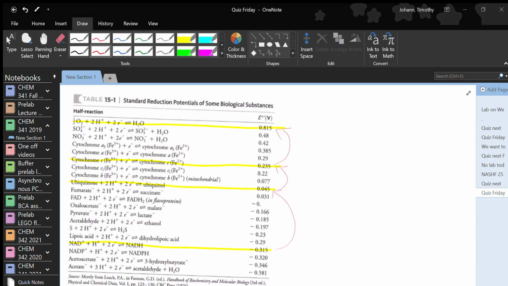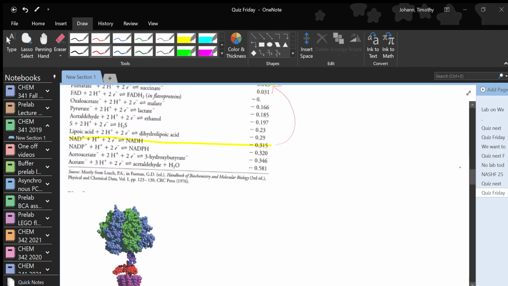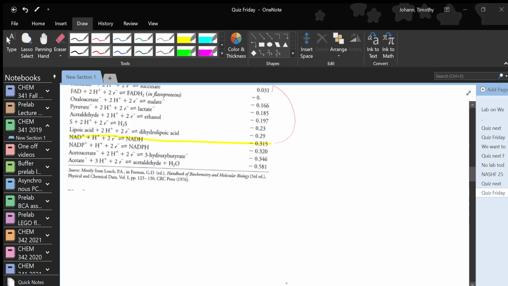Questions? Okay. So if I tell you, hey, make an electron transport chain, well, let's do one. Make an electron transport chain using pyruvate, fumarate, and nitrate. So it's only going to have 3 instead of 4, right?